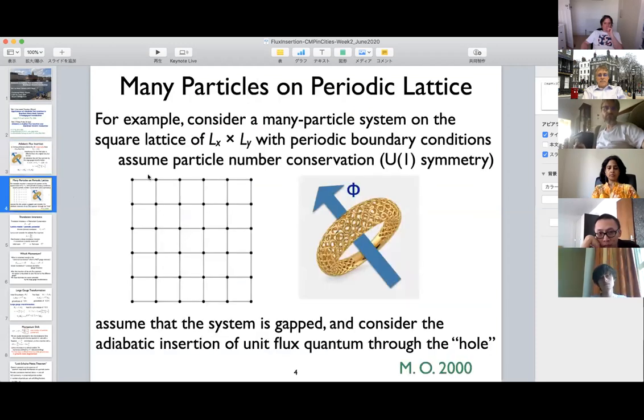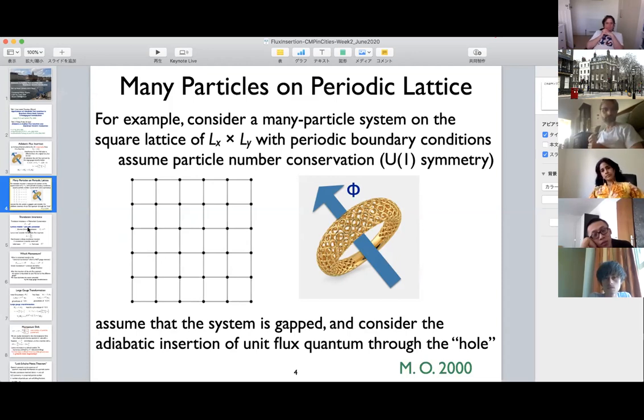Then I want to apply this argument to the many-particle system on a periodic lattice, like a square lattice. Let's say the size of this system is Lx times Ly. Then I insert this flux adiabatically, one unit flux quantum.